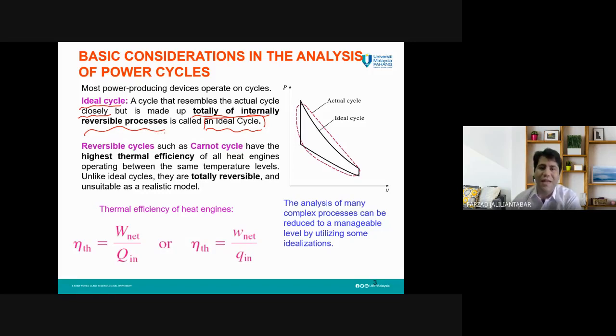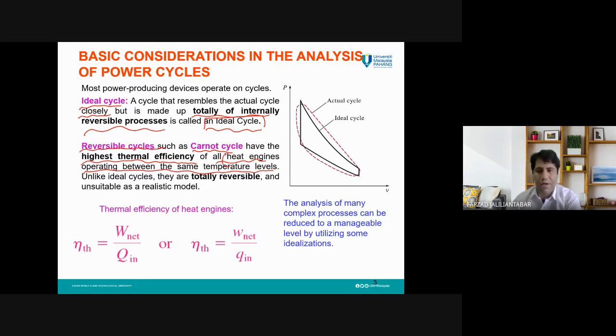A very good example of this ideal cycle is the Carnot cycle. If you remember, we have already discussed that. It is a reversible cycle. And from thermodynamics, this cycle has the highest thermal efficiency of all heat engines operating between the same temperature levels.